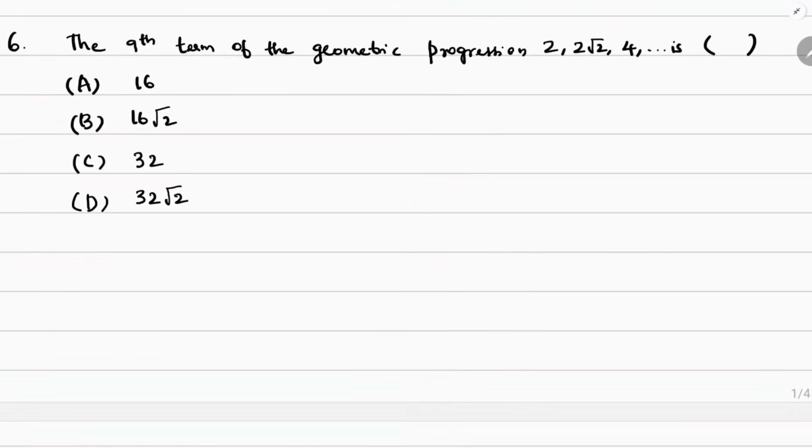Next, sixth question. Here, the ninth term of the GP. The first term is 2. Common ratio is a2 by a1, 2 root 2 by 2. So the common ratio is root 2. And we need to find the ninth term. Ninth term is ar power n minus 1, so ar power 9 minus 1.